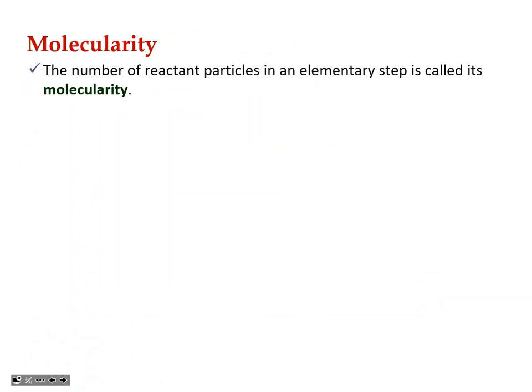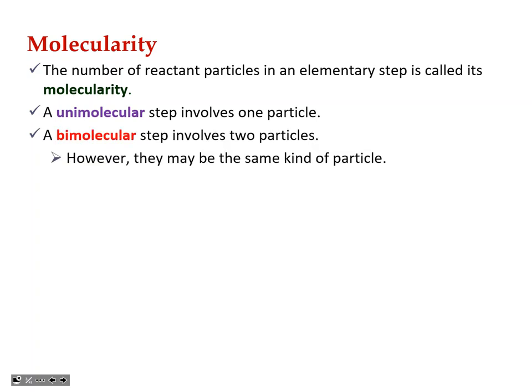Now, the number of reactant particles in an elementary step is called its molecularity. So, a unimolecular mechanism step involves 1 particle. So you're starting off with just 1 substance as the reactant. I'm sure you can understand that the bimolecular step involves 2 particles.